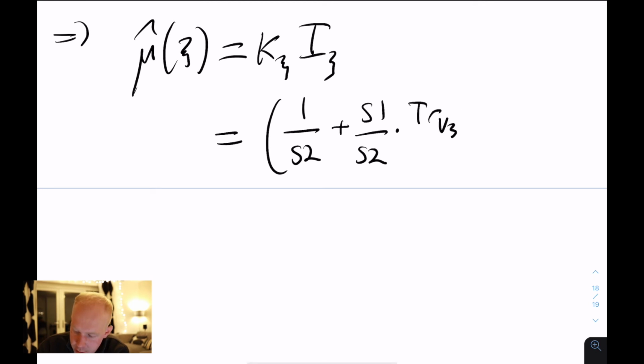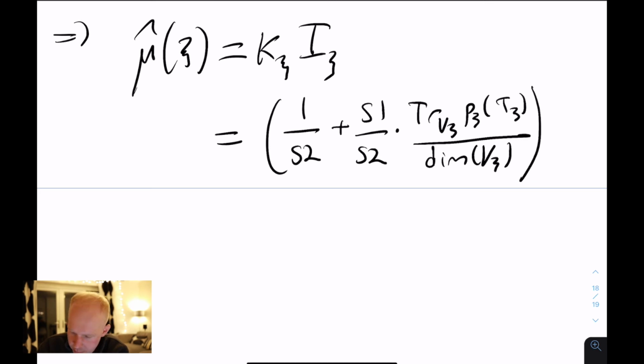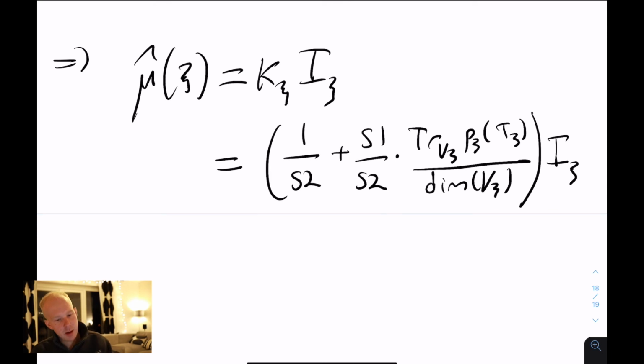We have to divide by the dimension of the vector space to get it into this form, and then you have the identity on V psi. So that's the kappa that you get in front, if I did this correctly. Now this is a concrete expression: the Fourier transform of the probability distribution given by the random transpositions.